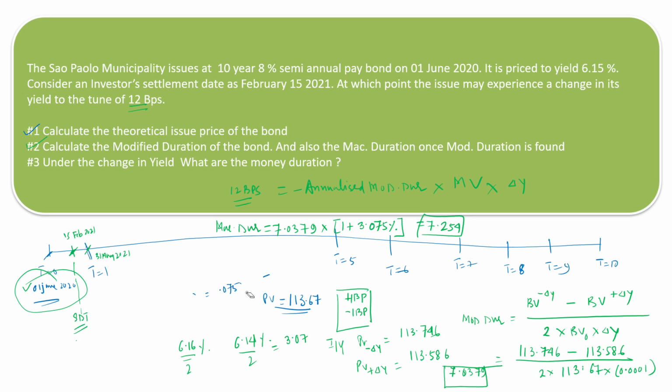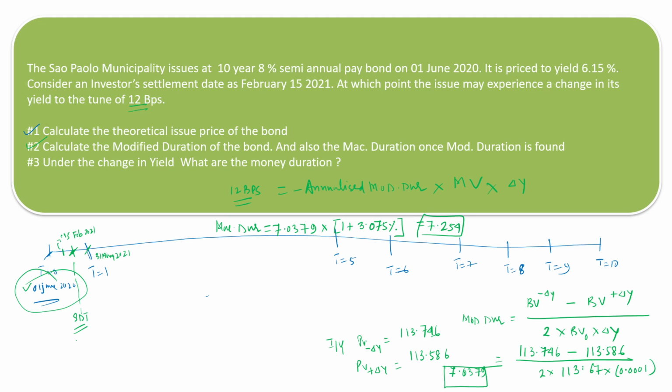The way we do it, we have done typical similar problems before, so this should be fairly easy. This is my settlement date, and somewhere from June 1 to December 31, the first coupon was made, right?